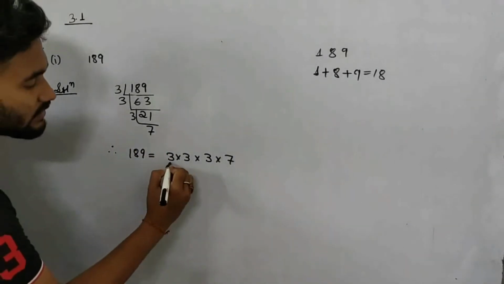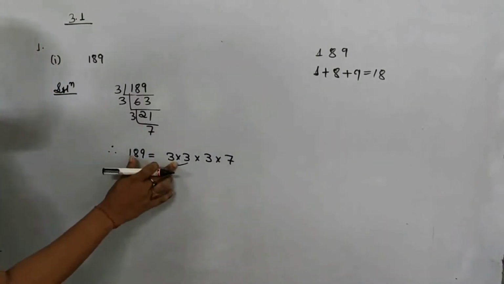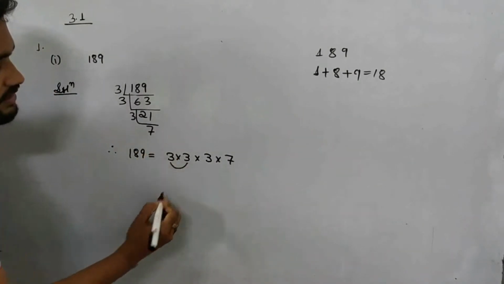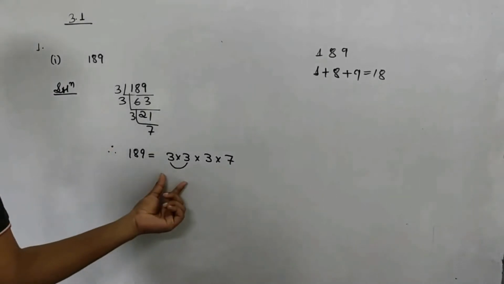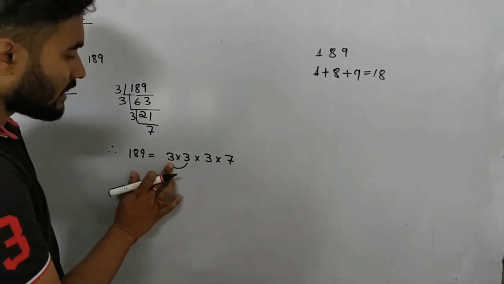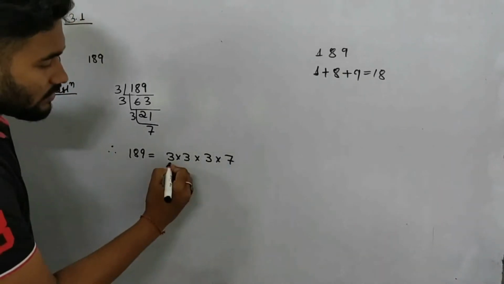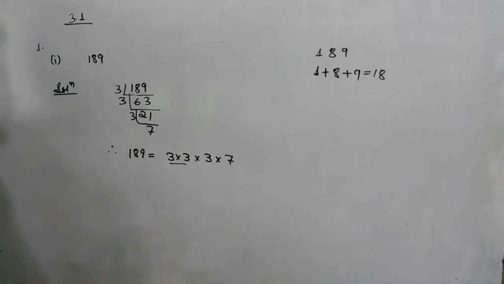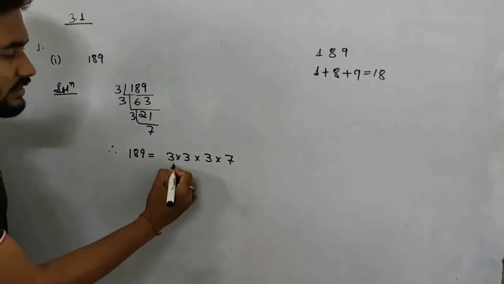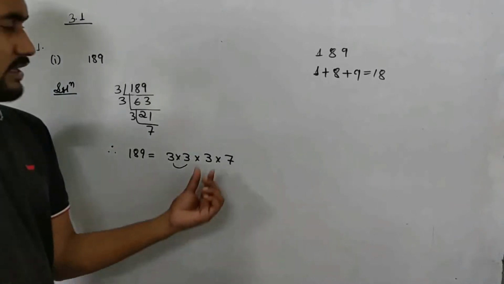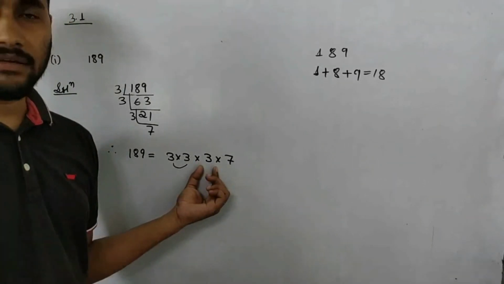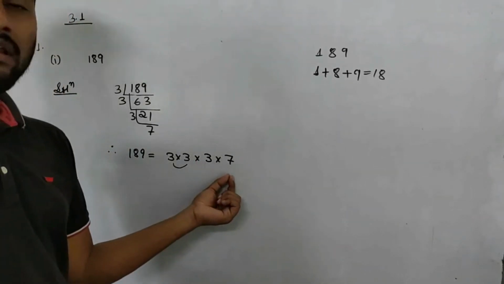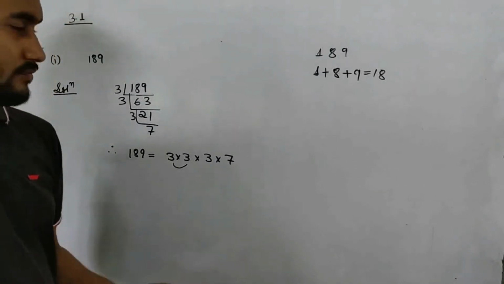So you see, this 3 is in a pair. Or you can underline this one, you can do anything like this. This 3 is in a pair. This 3 is not in a pair, this is single. This 7 is not in a pair, this is single.